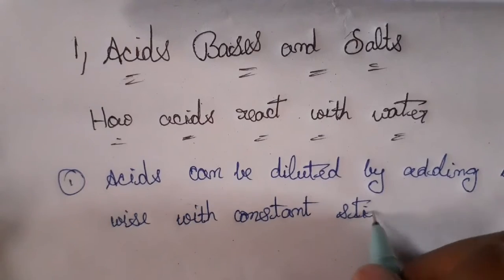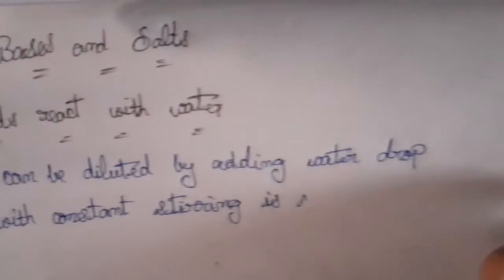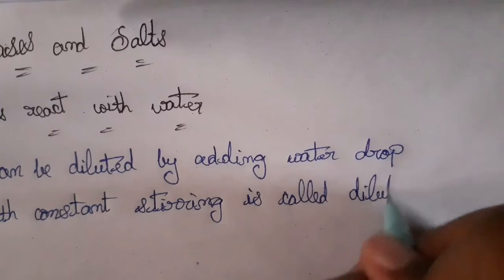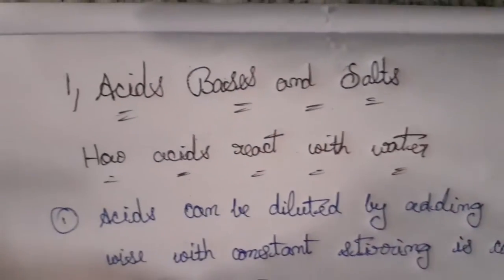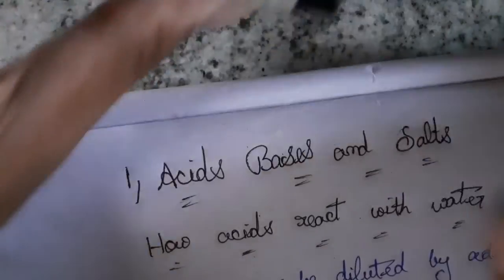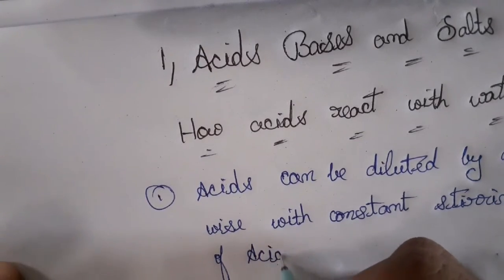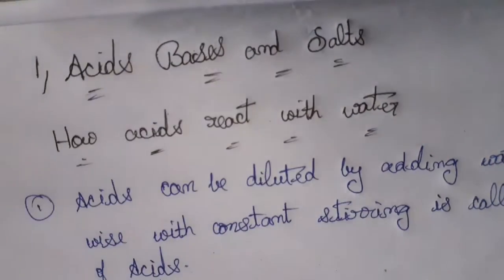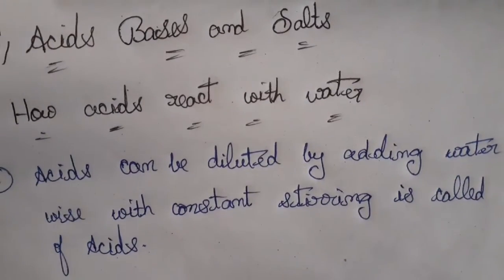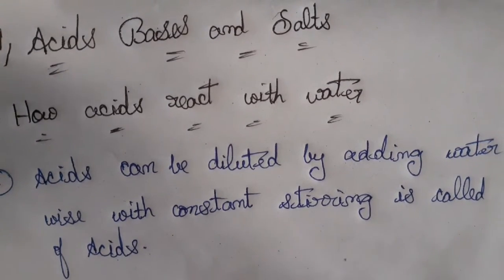This is called dilution of acids. So acids can be diluted by adding water dropwise with constant stirring, which is called dilution of acids.